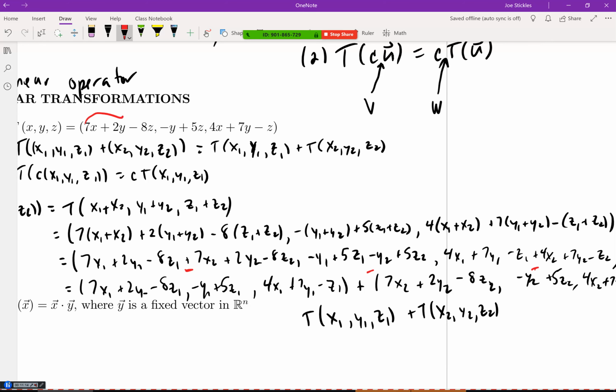the outputs as a different set of coordinates, say a u, a v, and a w, rather than an x, y, z, notice that you can write these equations as u equal to 7x plus 2y minus 8z, v is negative y plus 5z, and w is equal to 4x plus 7y minus z.